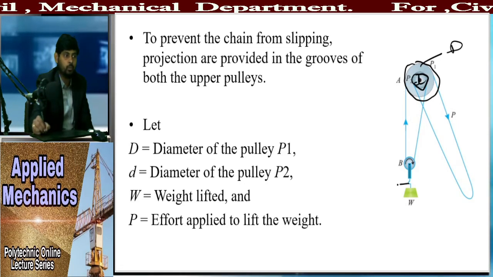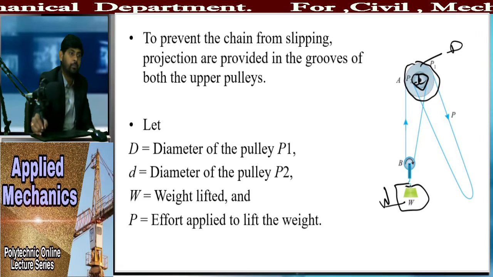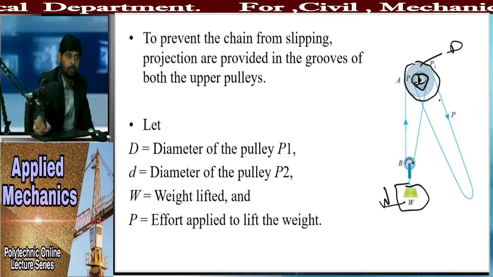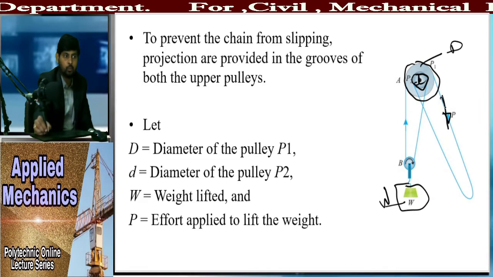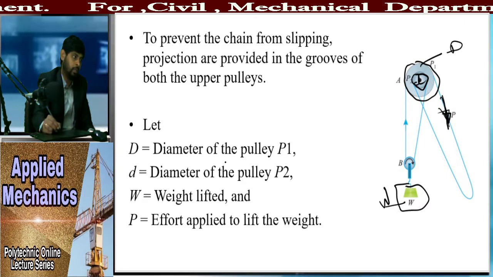Then W, that is nothing but the load lifted. हा W दिलेला आहे, load lifted. Then P is nothing but the effort required. जो effort आपण लावतोय हा वेट लोड वरती ओढायला, that is nothing but your effort.